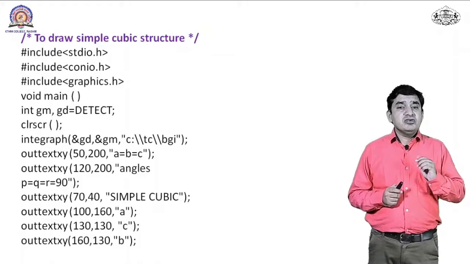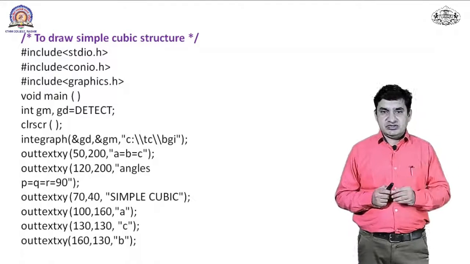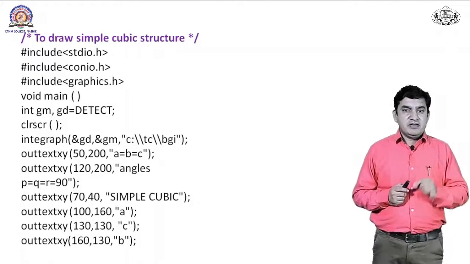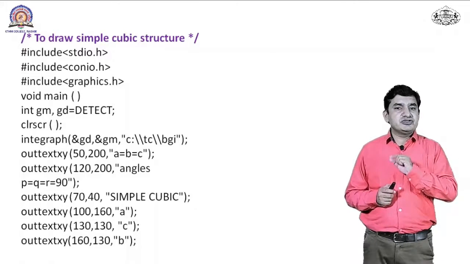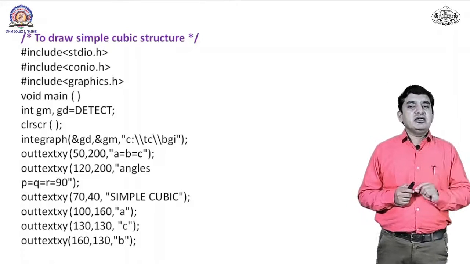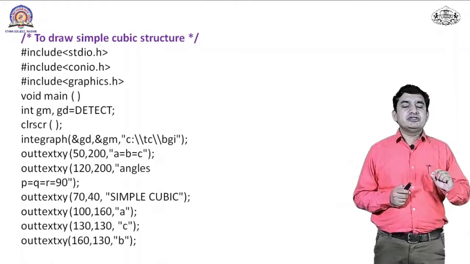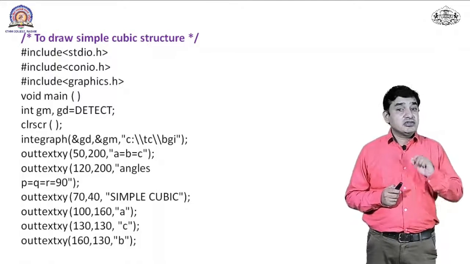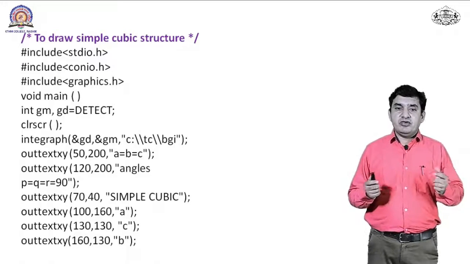So all these outtextxy calls are used to display text. The first outtextxy is used to display a is equal to b is equal to c. The second is used to display angle p is equal to q is equal to r is equal to 90 degree. The third is used to display the text simple cubic.